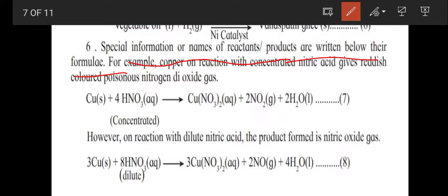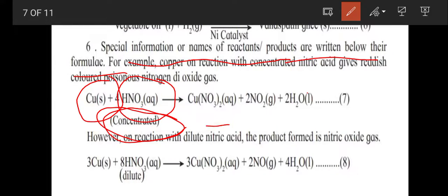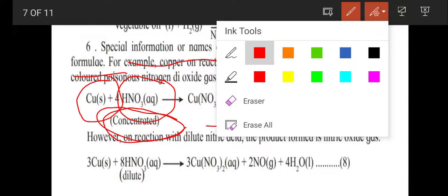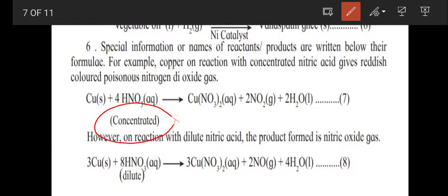So here Cu, then HNO3 aqueous, and they give the condition also, concentrated. It gives Cu(NO3)2, then 2 NO2, 2 H2O. So you have to mention the word concentrated below. That is the particular condition. This is also one rule.